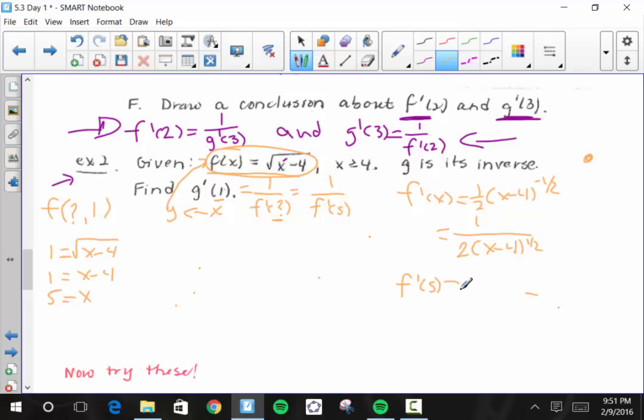F prime of 5 is equal to 1 over 2 times 5 minus 4 to the 1/2 power. This is just 1 over 2, because 5 minus 4 is 1, and the square root of 1 is 1, so 1 over 2. So f prime of 5 is equal to 1/2. So we have 1 over 1/2, which is equal to 2. Therefore, g prime of 1 is equal to 2.